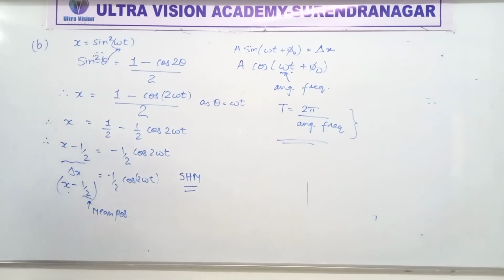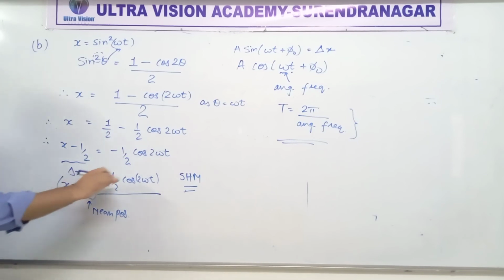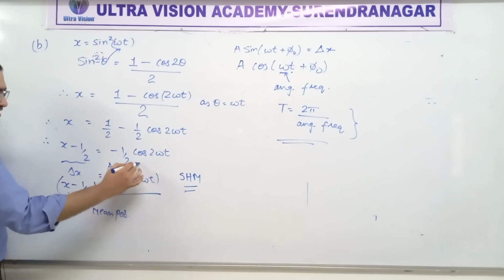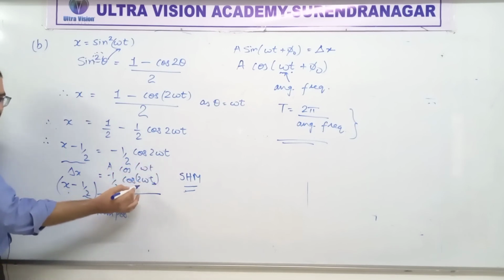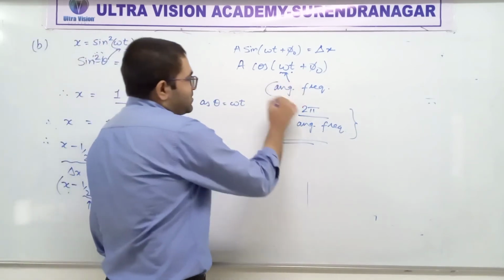Okay. So here, have a look at this equation. If you start comparing with a cos omega t, what's multiplied with t here? 2 omega is multiplied. Very good. So 2 omega is the angular frequency.